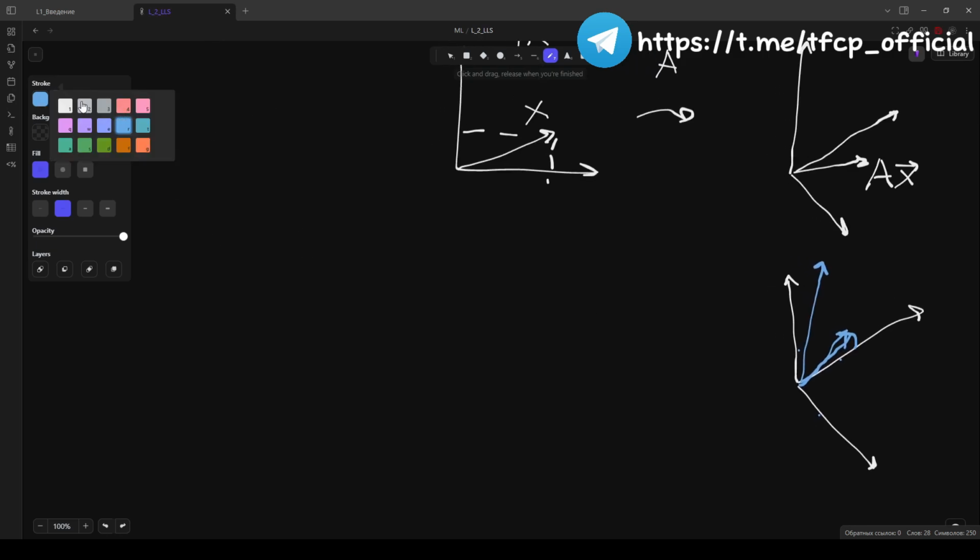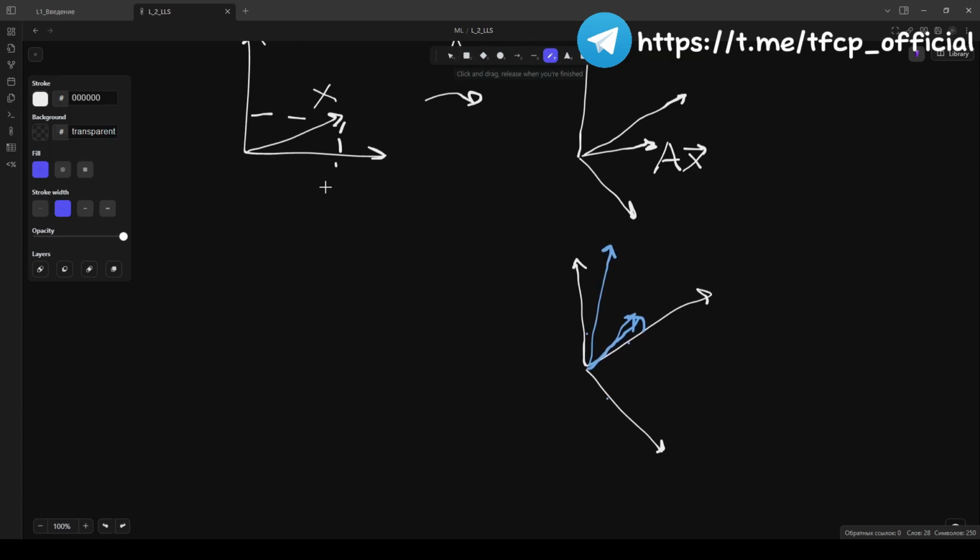I will remind you that the set of all these linear combinations gives a plane. Yes, it will be a plane spanned by these 2 vectors. In other words, in R3, these 2 vectors define a plane in 3-dimensional space.